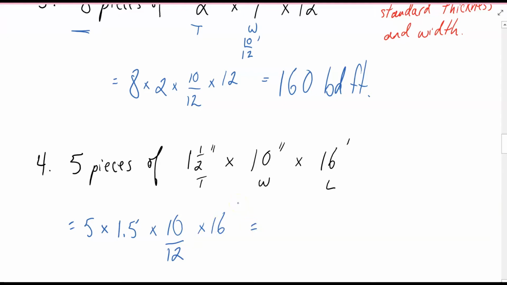So if we grab the calculator, 5 times 1.5 times 10 times 16 divided by 12. And that is equal to 100 board feet.